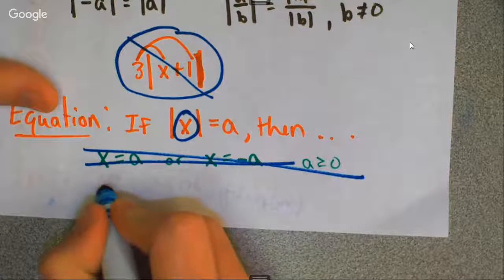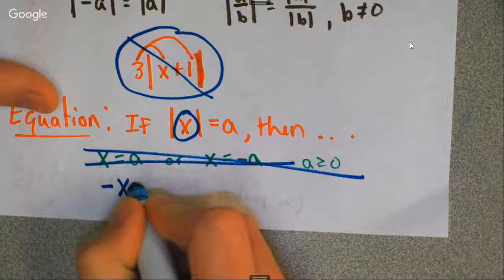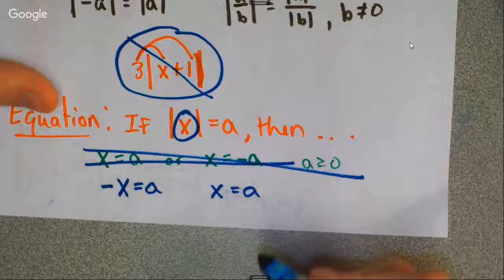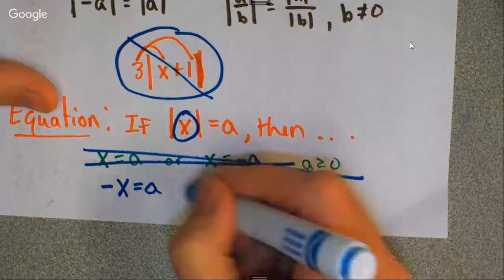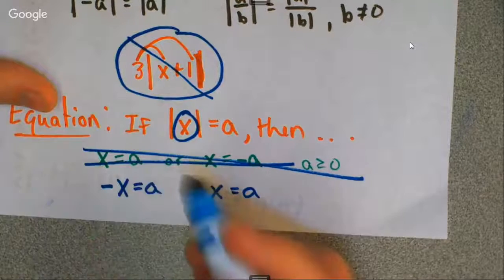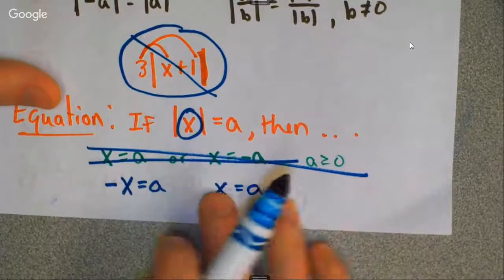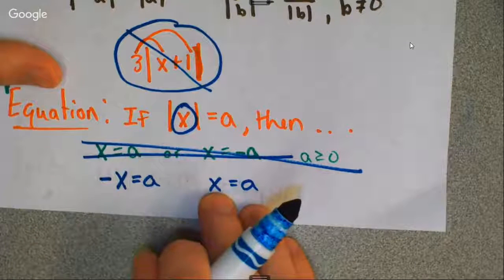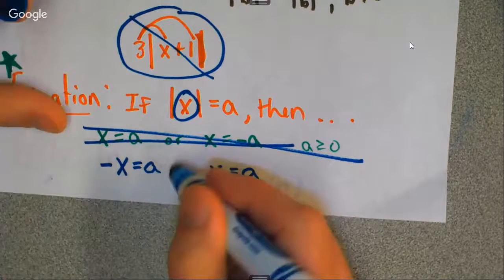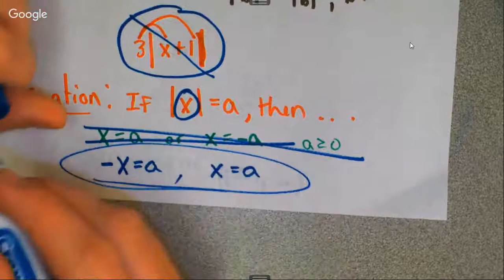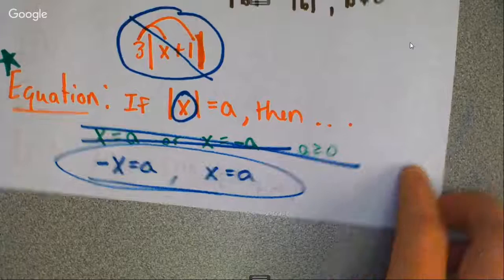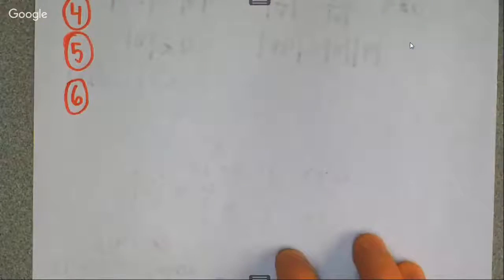I like to say negative x equals a, and positive x equals a, which is the same thing if you just divide by -1 or 1. So x is a, or negative x is a, and that's the method I'll be using. Like everything, there are steps to solving this.